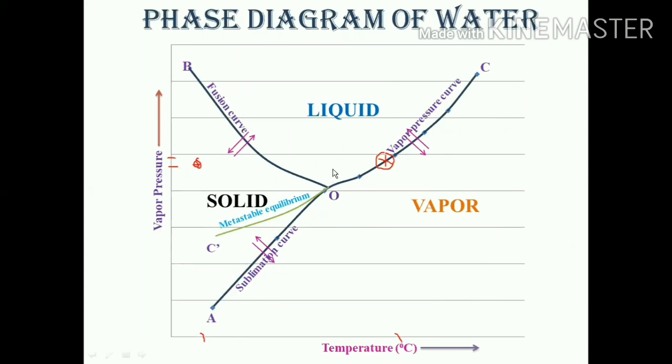This point O is a point wherein we see that at this point, the solid phase of water, the liquid phase of water, as well as the vapor phase of water, all these phases are meeting at this one single point, and this is a very significant point.